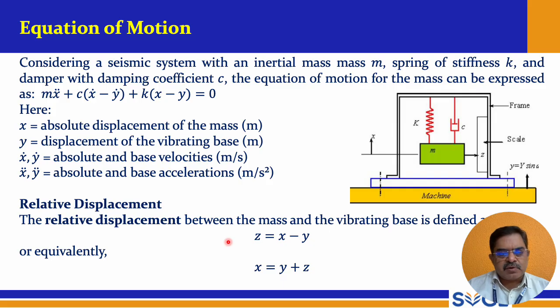This is y here, and we have m, and we have x, and x minus y, so that is z, the relative displacement with respect to the base. x is equal to y plus z, so we can measure the displacement here with the help of y and z also.